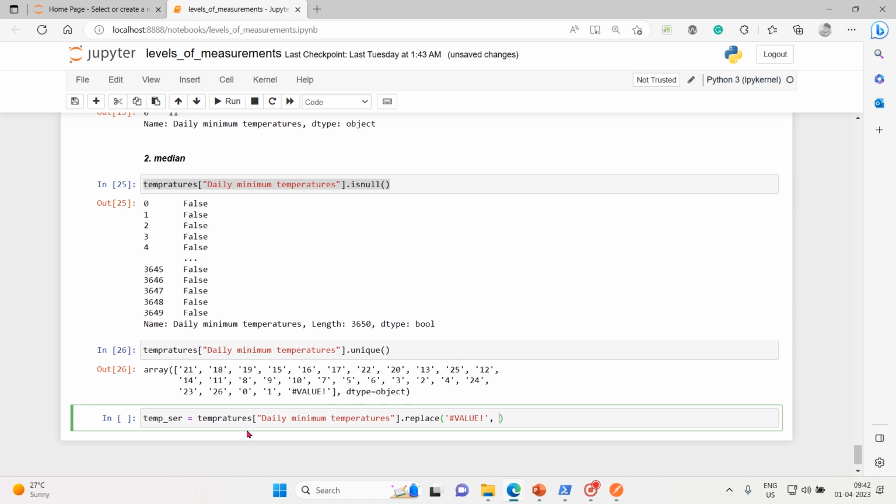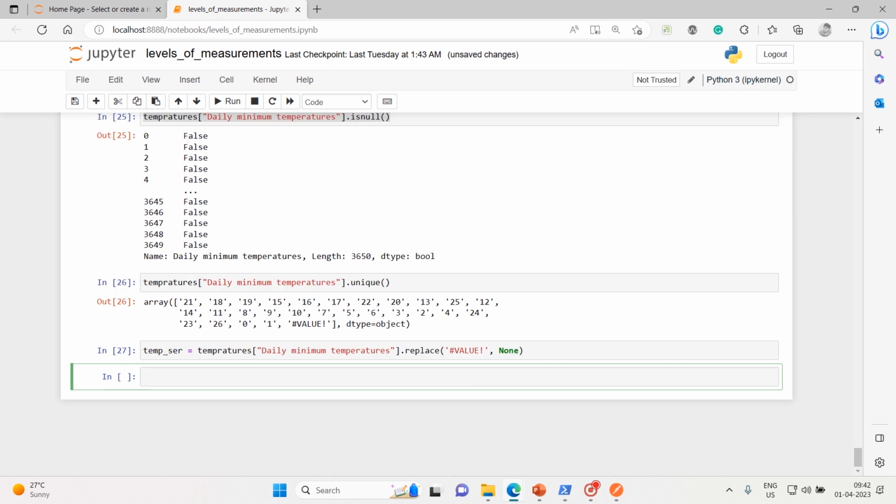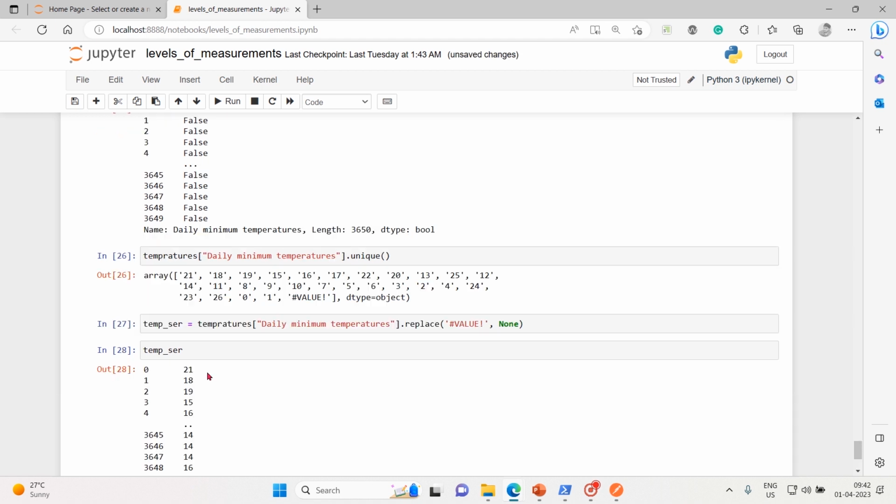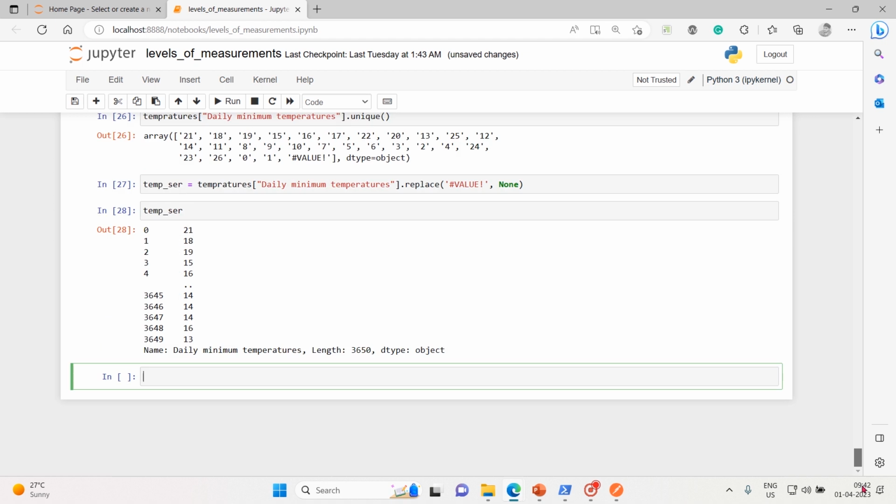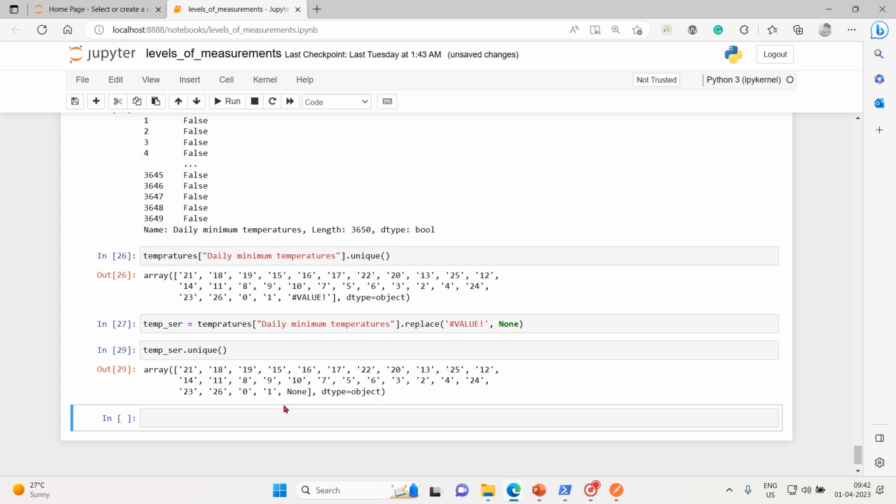Or you can put it as 0 also, but here 0 doesn't work because 0 again has a certain value and certain weightage. So temp series, and let's cross-check the unique values of it again. Here we got the none, other than that nothing else.